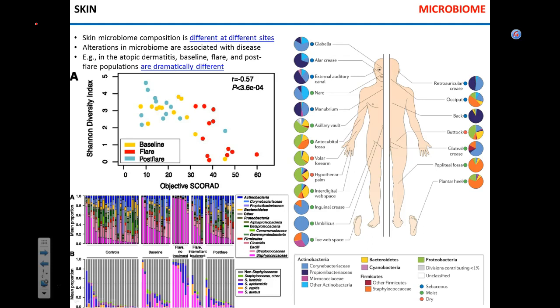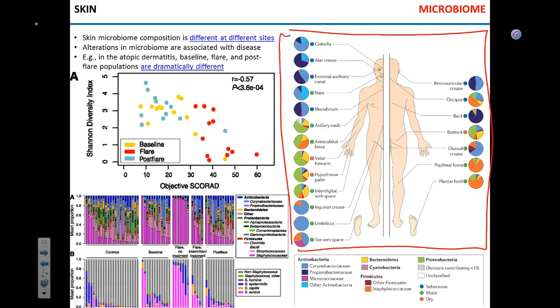So if we're going to talk about skin microbiome first, I found this wonderful manuscript which shows you the populations of microorganisms at different body locations. And I'll be honest, when I was looking into it, I had no idea that the populations of microbes are so different in different body sites. Look at this.